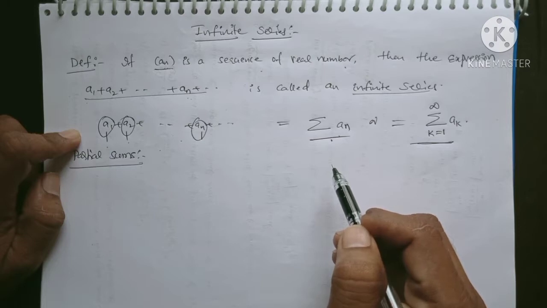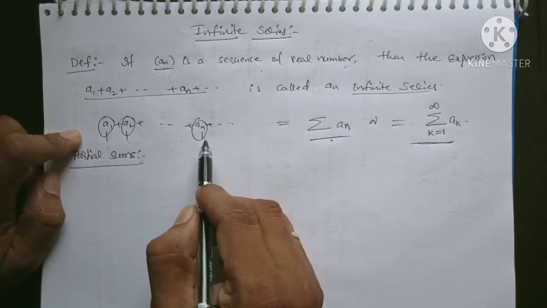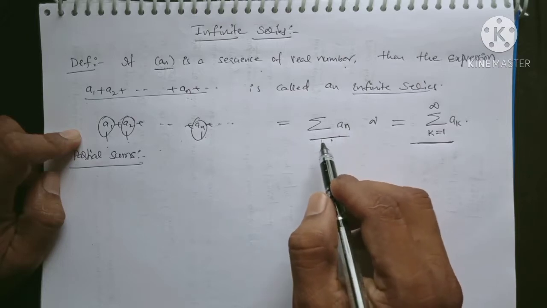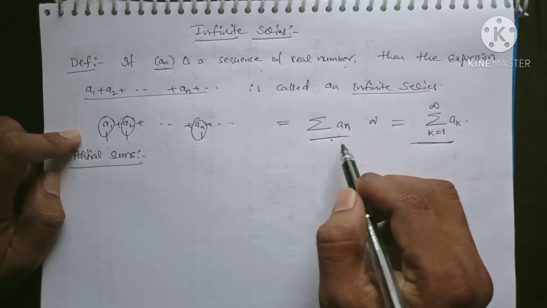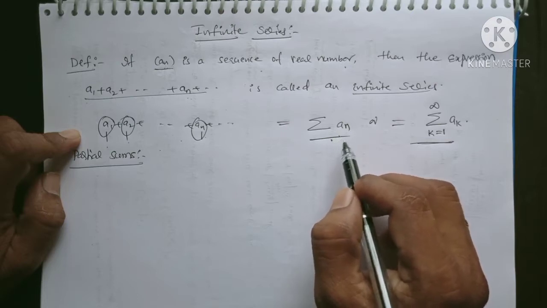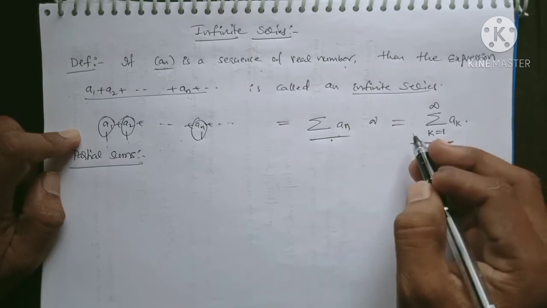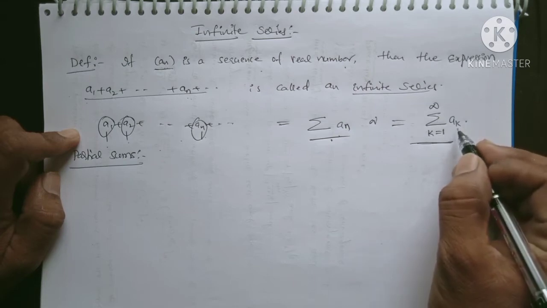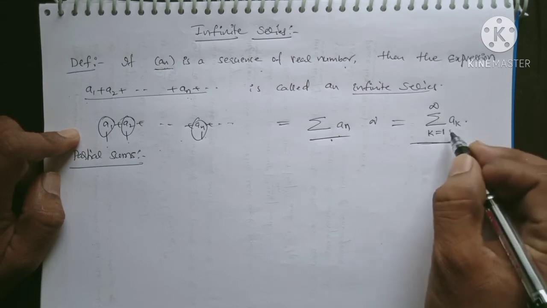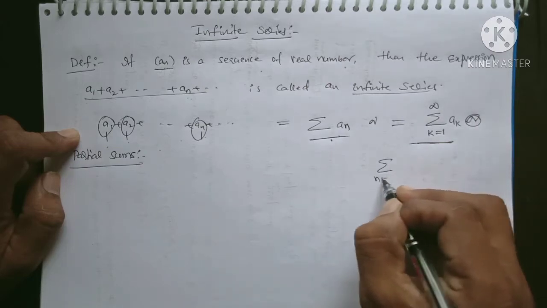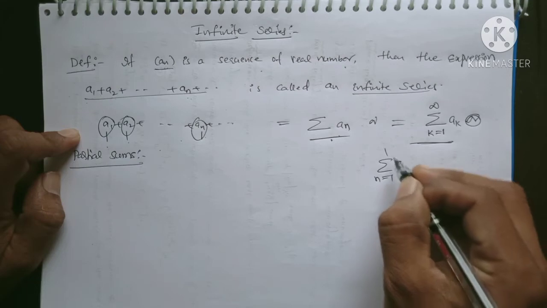The infinite series is usually denoted by the notation sigma An, or as the sum k is equal to 1 to infinity ak, or it is also written as summation n is equal to 1 to infinity an.